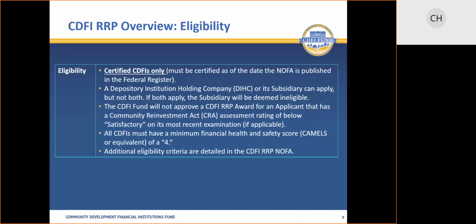Also, the CDFI Fund will not approve an RRP award for an applicant that has a Community Reinvestment Act or CRA assessment rating of below satisfactory on its most recent examination, if applicable. Additionally, all CDFIs must have a minimum financial health and safety score of at least a 4. You can see additional eligibility criteria in the RRP NOFA.